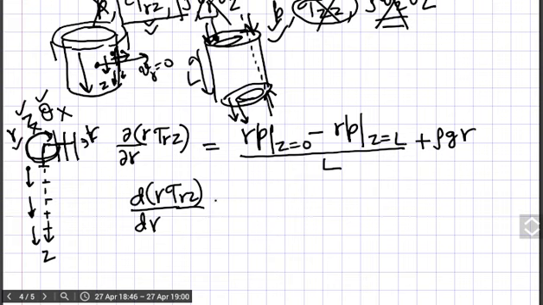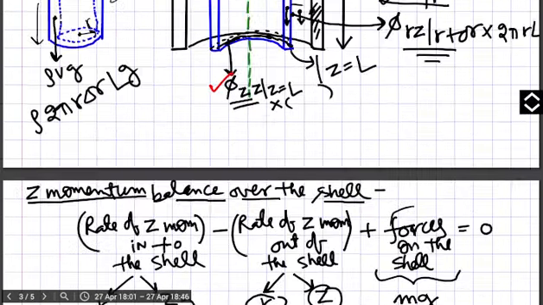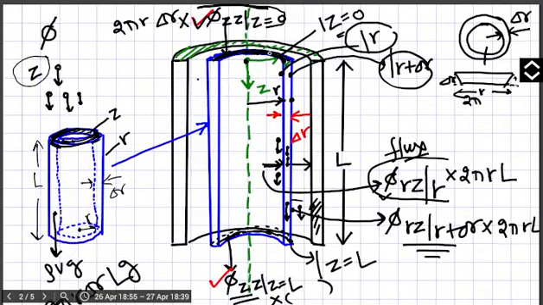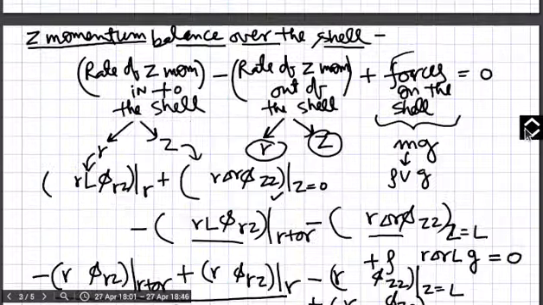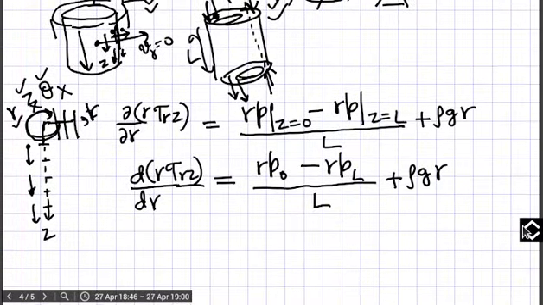And we can also simplify: the pressure at surface z0 we can write as p naught, and at this surface the pressure is pL. It is just pressure that you deal with, so don't get confused. And now it can be simplified more.